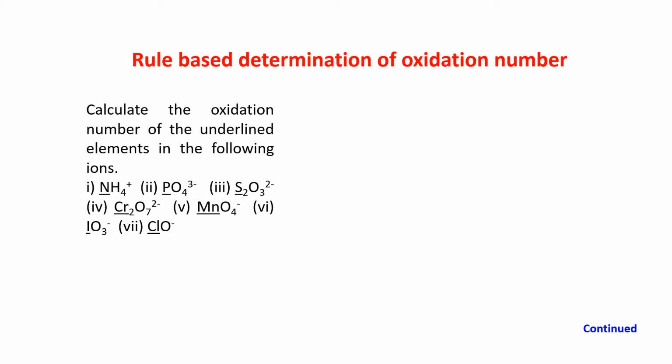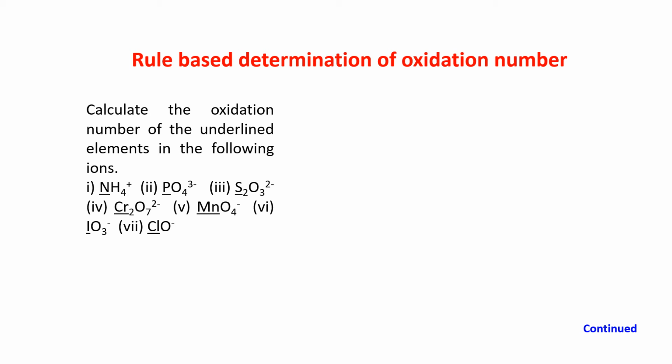Now, the rule for determination of oxidation number of ions, if ions are present. How to do that? Calculate the oxidation number of the underlined element in the following ions. I'm just showing you here.